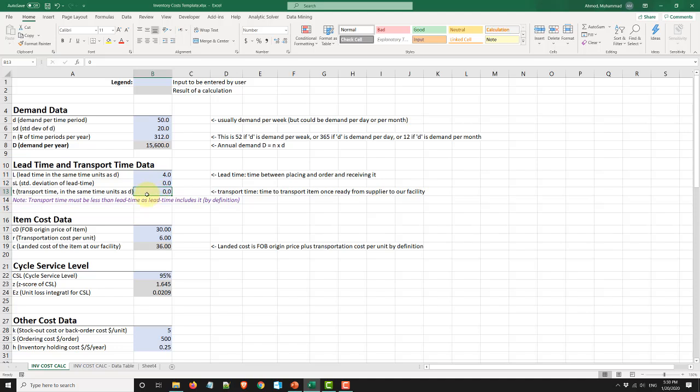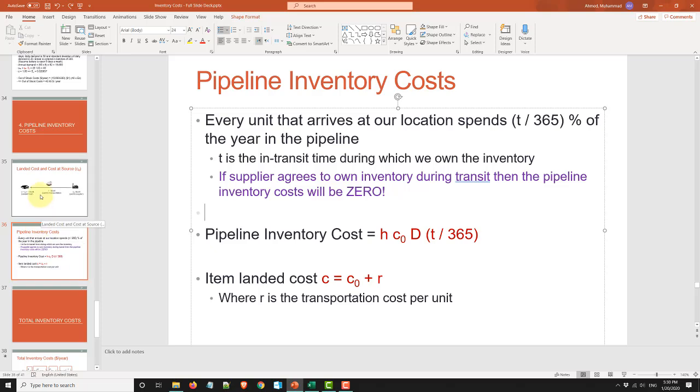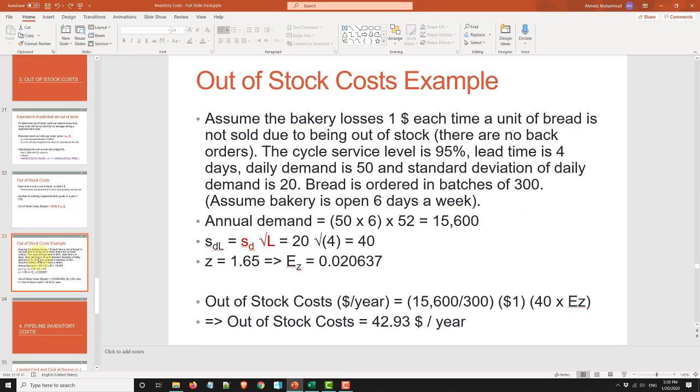But if you did have a transportation time where you own the inventory, then you would put in whatever days it takes to transport the bread from the supplier's factory to your warehouse. So let me put 0 for now, then I'll show you what happens when I change that. The bread costs $2. The transportation rate is given somewhere here.